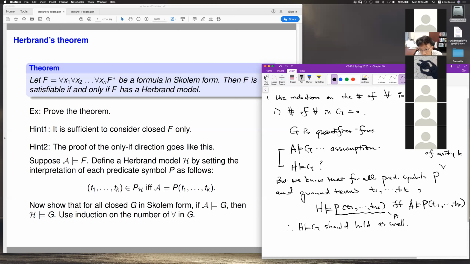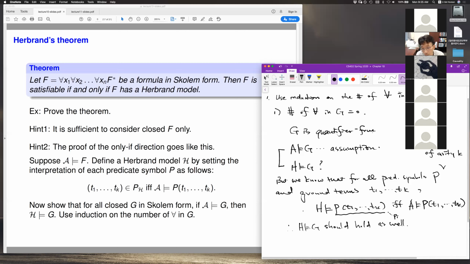And this is really saying, because we don't have any quantifications, checking G under A, checking G under H, is like checking its propositionalized version under the same interpretation induced by A and H. So if our formula doesn't have any quantifier, that formula can be understood as a propositional logic formula.